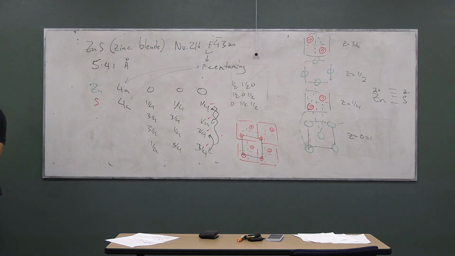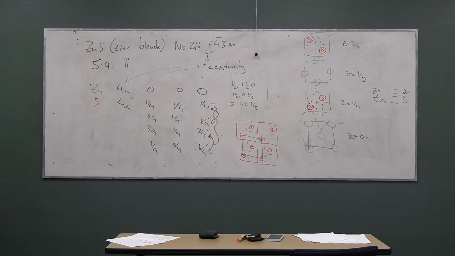Does that look like FCC? So it's just an FCC sublattice that's shifted by 1/4, 1/4, 1/4. So 0, 0, 0 and 1/4, 1/4, 1/4 are the origins of two independent FCC sublattices, one containing the cation and the other containing the anion, and you can change them around. And you end up getting a structure where every atom is 4 coordinate.